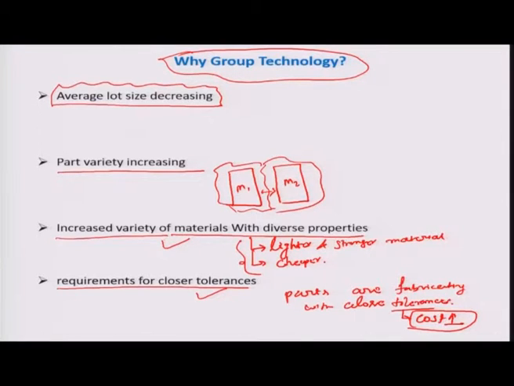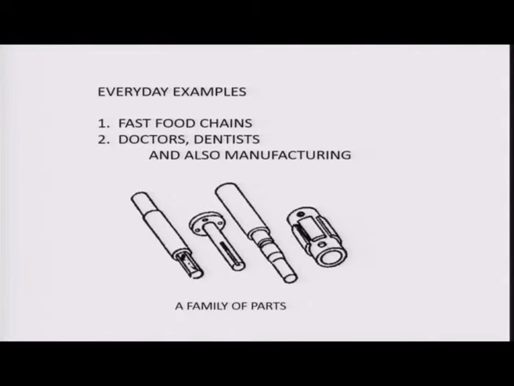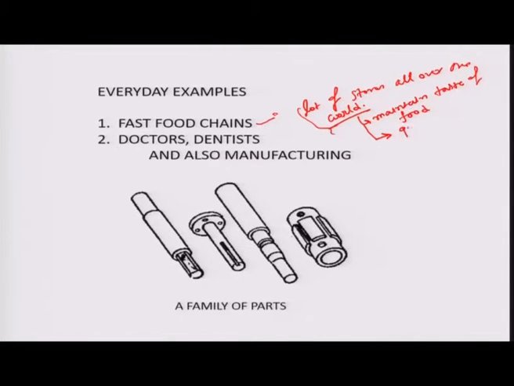I am taking one example: the fast food chain, and also doctors, dentists, and manufacturing. In a fast food chain, one company is opening a lot of stores all over the world, but the most challenging task is maintaining the taste and quality of food.